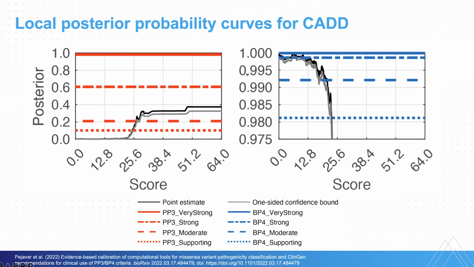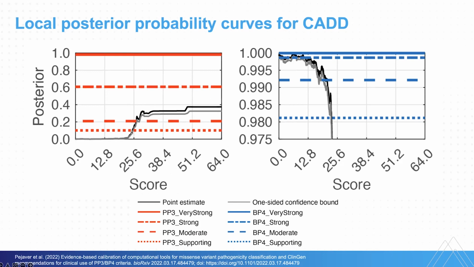Another example, and in this case, I'm showing you CADD, where the score range goes from 0 to, in theory, I guess infinity, but in this context, at least in our data, it goes as high as 64.